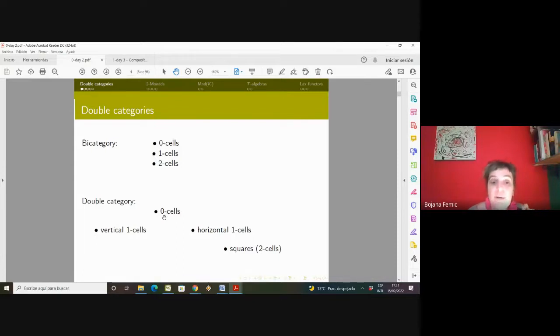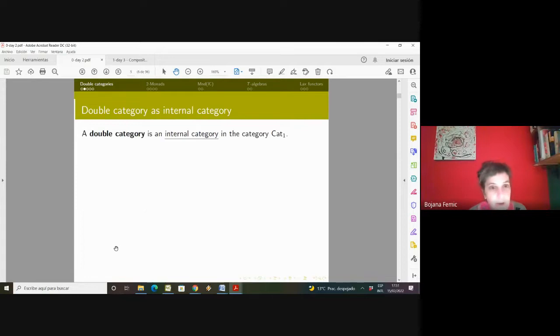So first I have above on the top 0 cells, then horizontal 1 cells, and at the end squares, which are also called 2 cells. And off this diagonal, I have vertical 1 cells. So this is just to get the first feeling before the definition.